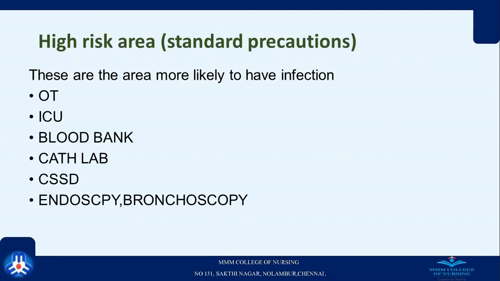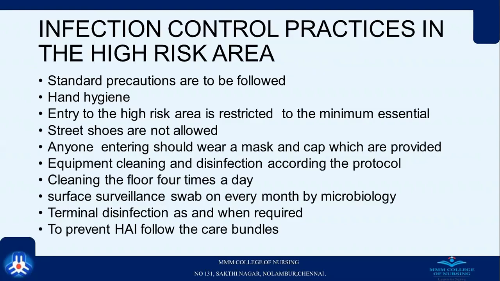So any intensive care areas will be treated as high risk areas. And what are the infection control practices which need to be followed in all these high risk areas?